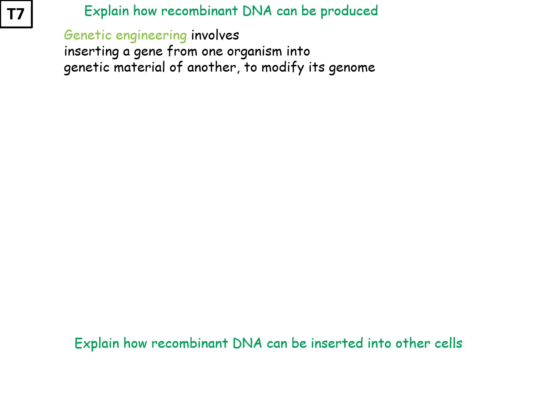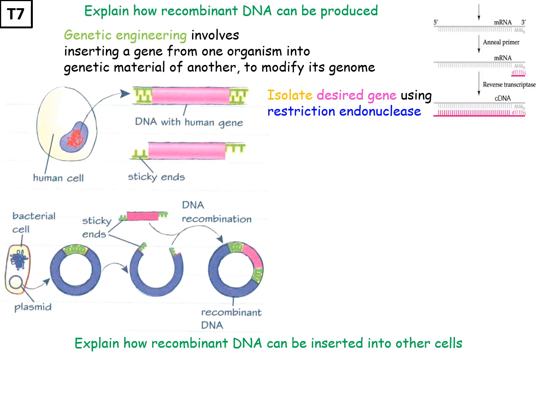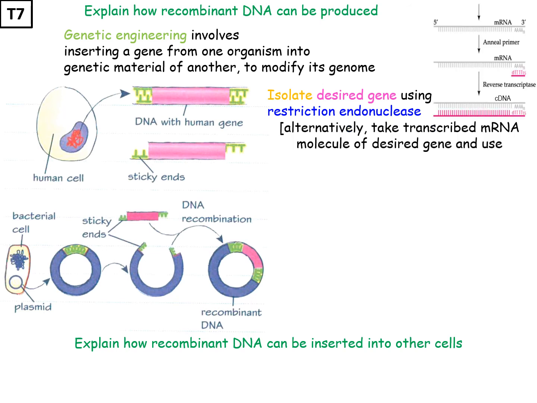Explain how recombinant DNA can be produced. Since you learnt this in GCSE, you've got your isolated desired gene, and that's using restriction endonuclease. However, there is another method where you can take, alternatively, the transcribed mRNA. So that desired gene will produce mRNA during transcription, and the problem is that it's a single strand, so you could use an enzyme called reverse transcriptase to convert it into a double strand.